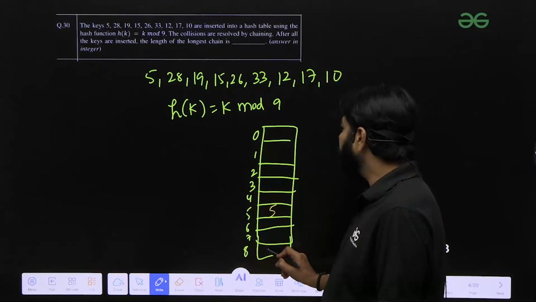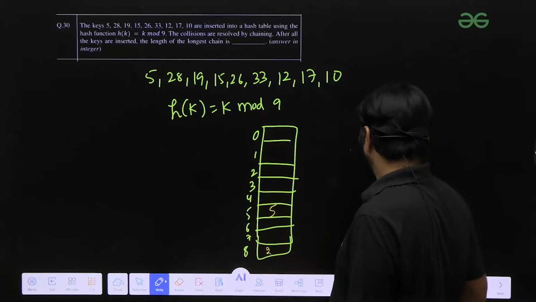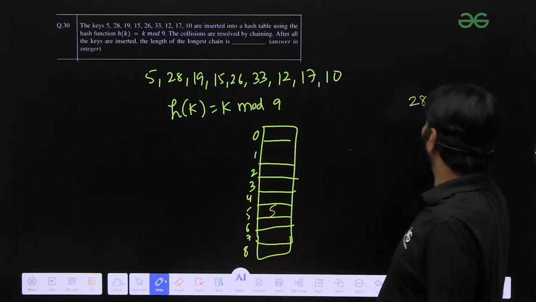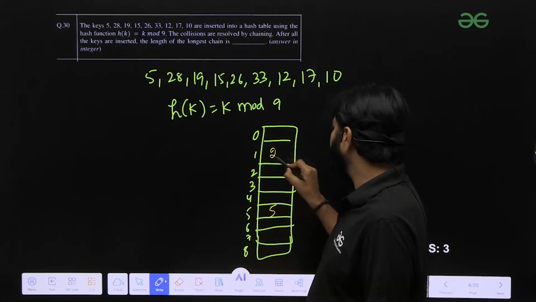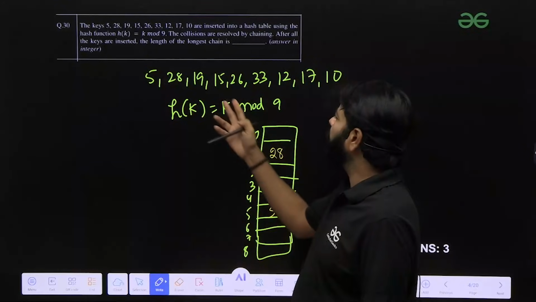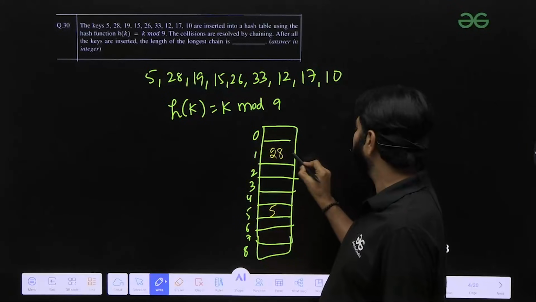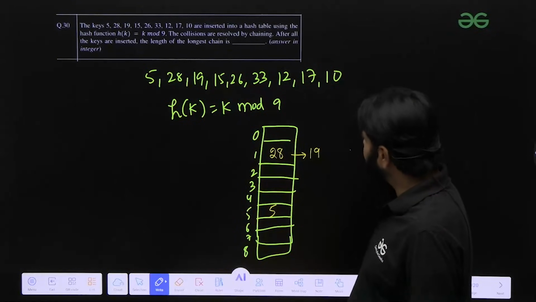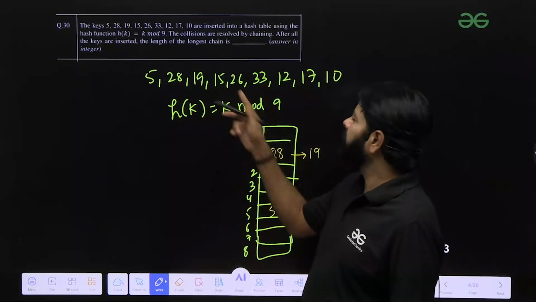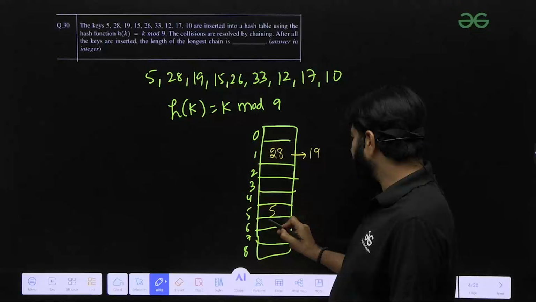Sorry, 28 mod 9 is 1, so here it will be inserted. And 19 mod 9 is again 1, so now the chaining is important here. Next, 15 mod 9 is 6, so 15 is here.